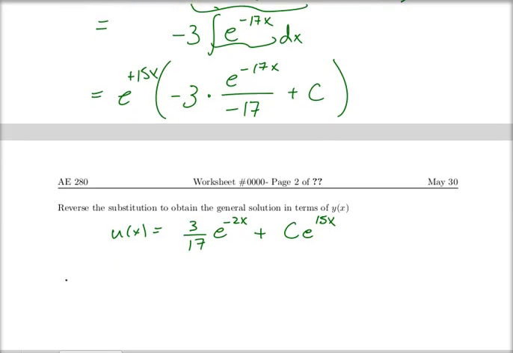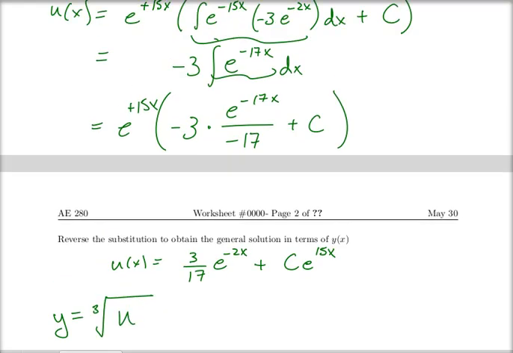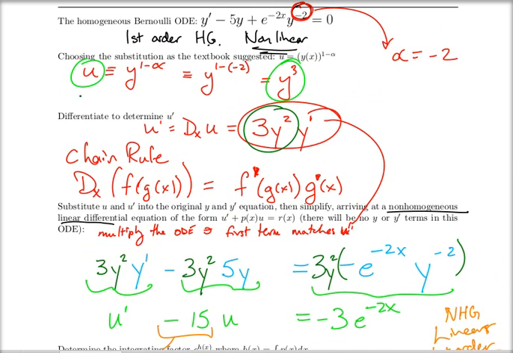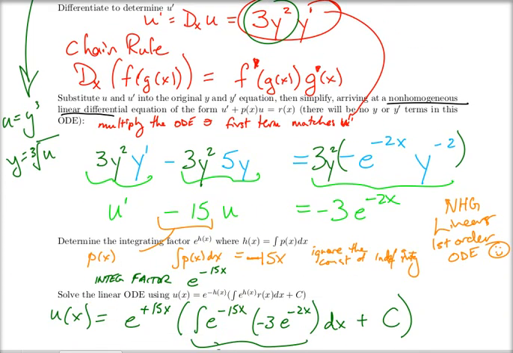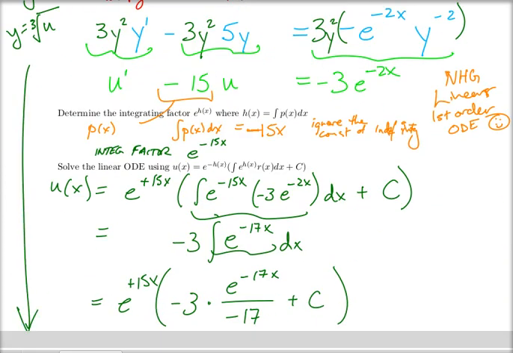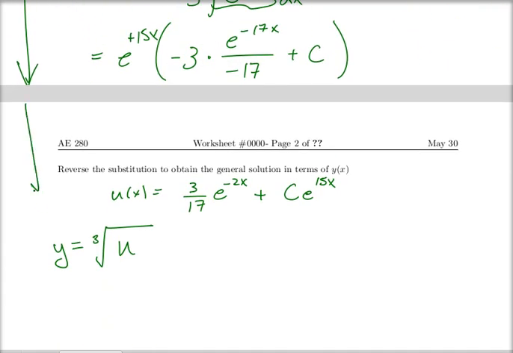Now we need an equation for y. y is equal to the cube root of u. That's the inverse of this definition here: y cubed equals u, so y equals the cube root of u.